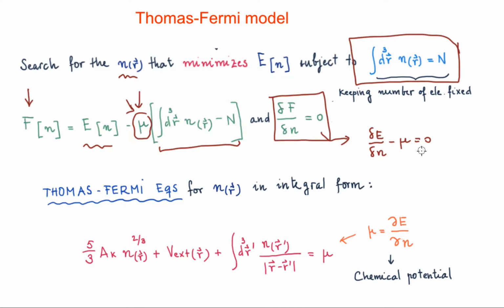Or if we pass this mu to the other side, mu is basically the functional derivative of the energy with respect to the electronic density. And that's basically the definition of the chemical potential. It tells you how much the energy changes with respect to a change in the electronic density. Okay, we therefore have the physical interpretation of mu, which is going to be a constant here.